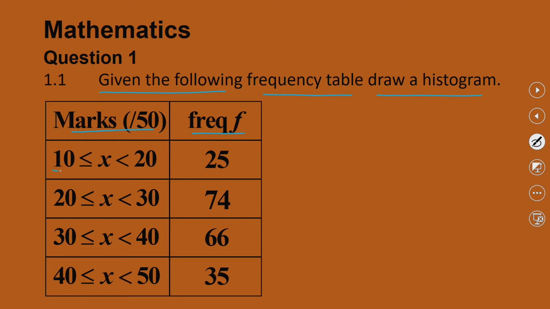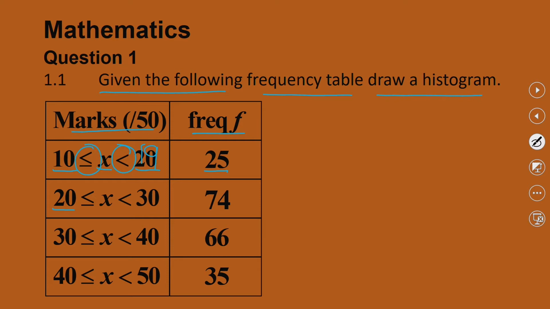It starts from 10 up to 20, but look at this. X lies actually between 10 and 19 because this is less than. This is less or equal to. And the frequency, which means the amount of time data is reflected or shown, is 25.